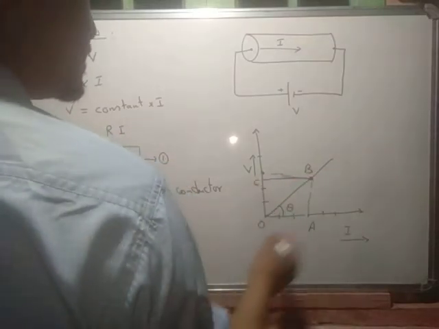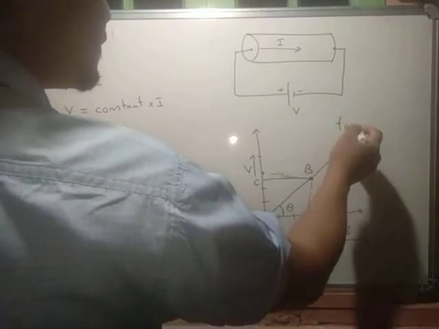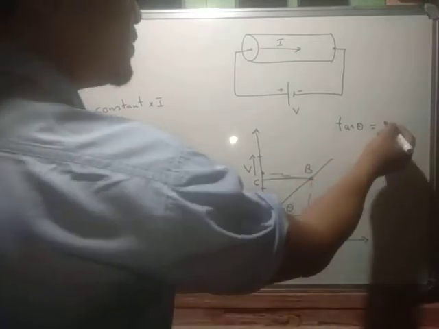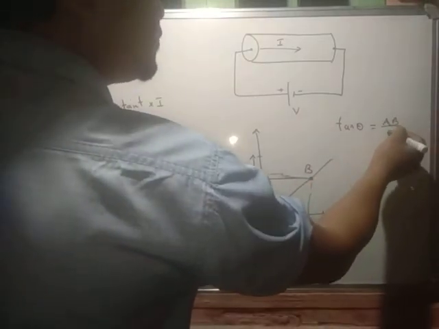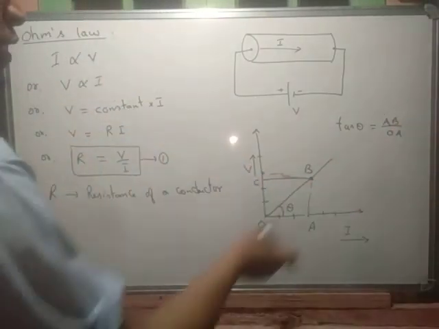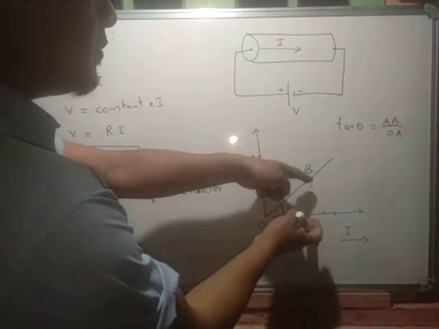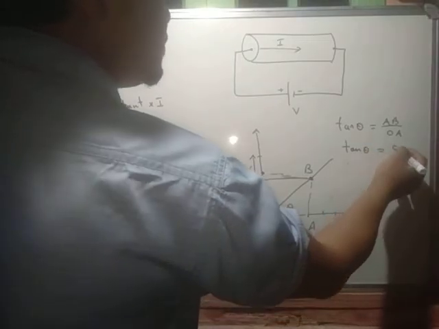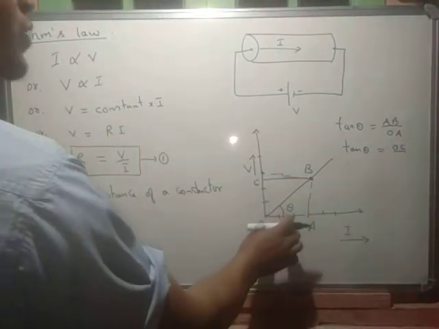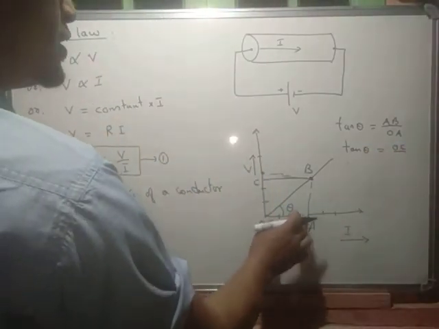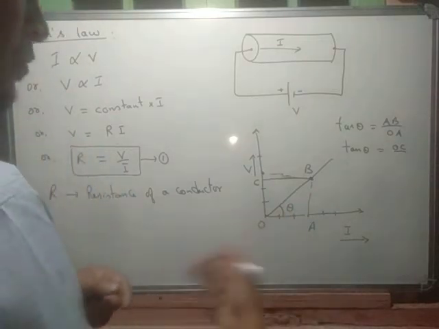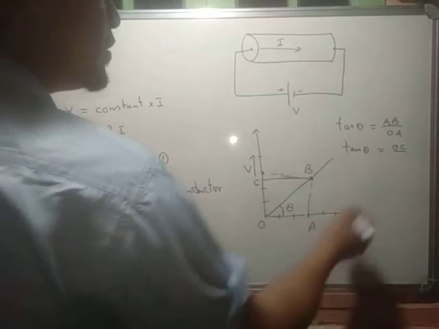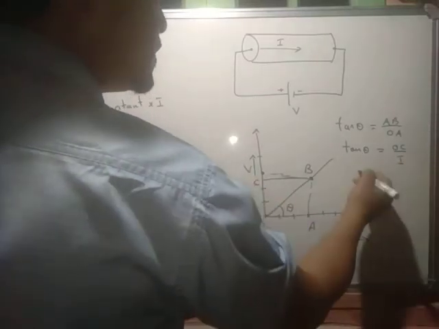So if you take tan theta from here, this tan theta should be AB by OA. Now what is AB? This AB is the same as OC. And OA is actually the amount of current at this point, so this is the current.